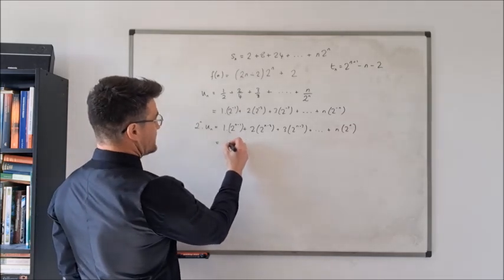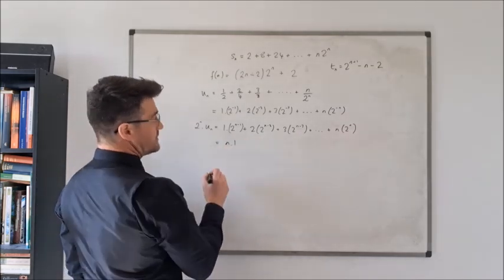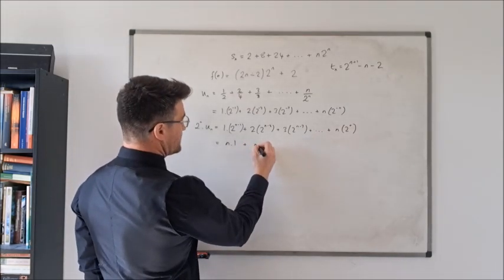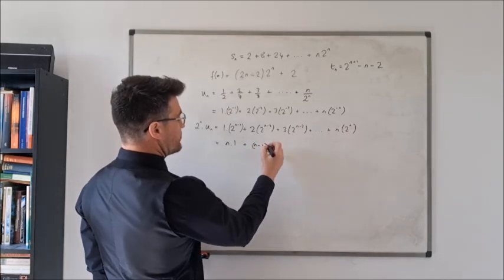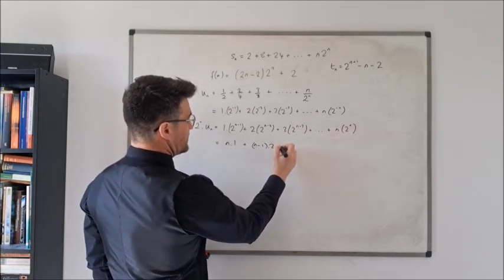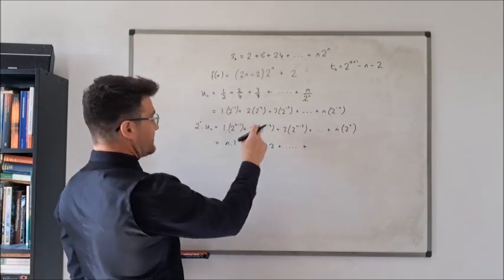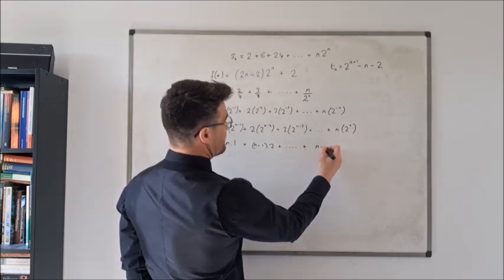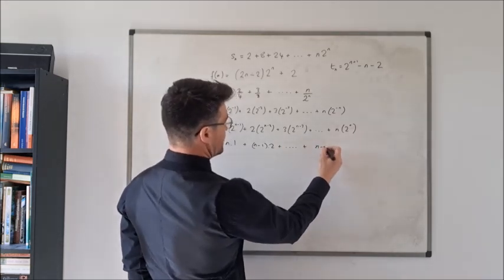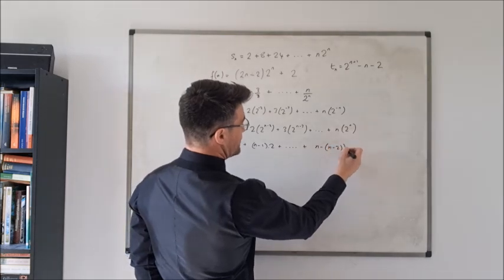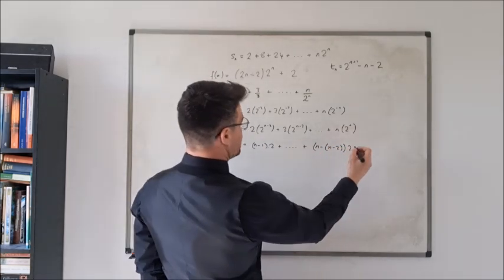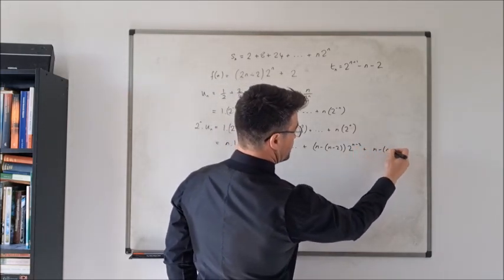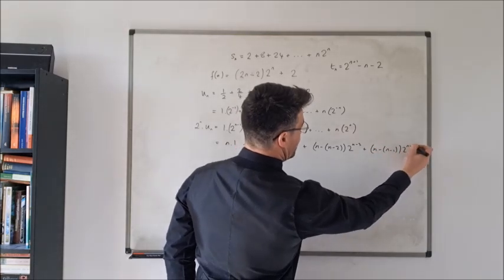So I ended up with n times 1, plus the next one is going to be n minus 1 times 2 to the power of 1, which is 2, plus, and then we get down to here, something like n minus 2 times 2 to the power of n minus 2, plus n minus 1 times 2 to the power of n minus 1.